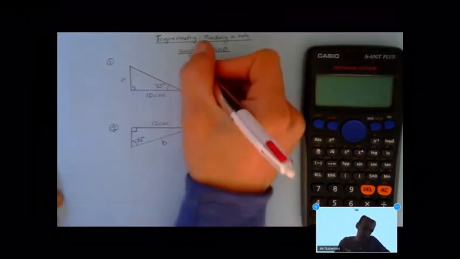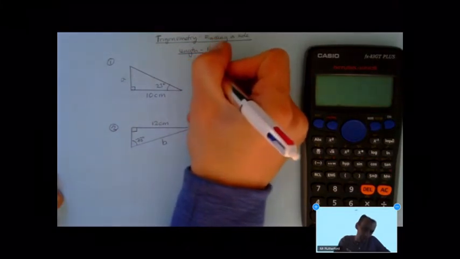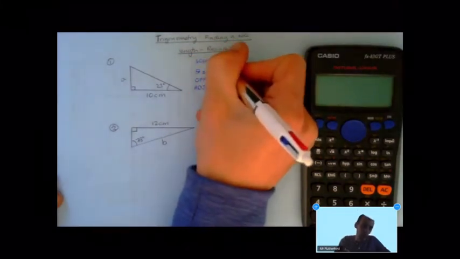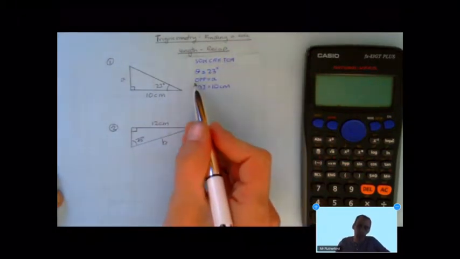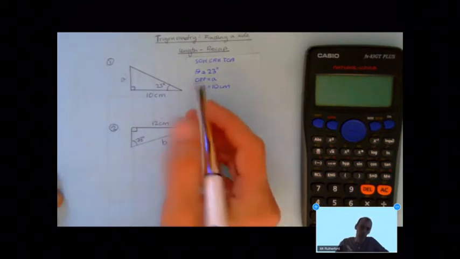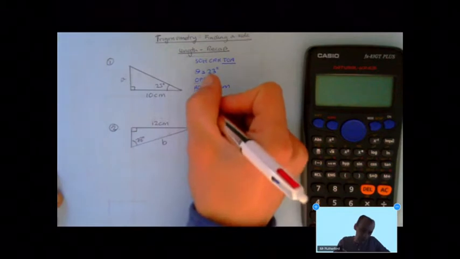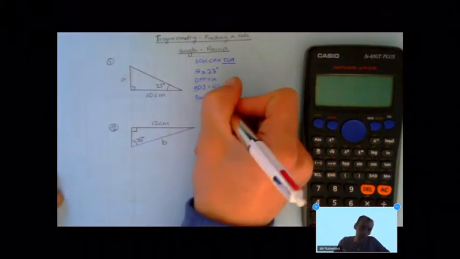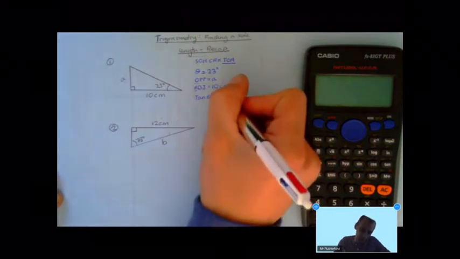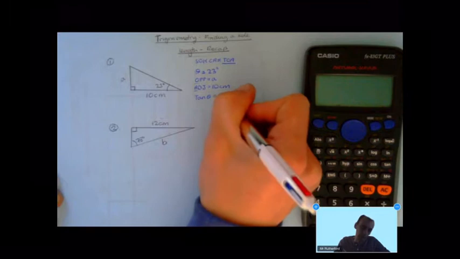So if we go back to our magic word, soh cah toa, we have got the O and we've got the A. So we are looking at this bit here, which says that tan of the angle is equal to the opposite over the adjacent.